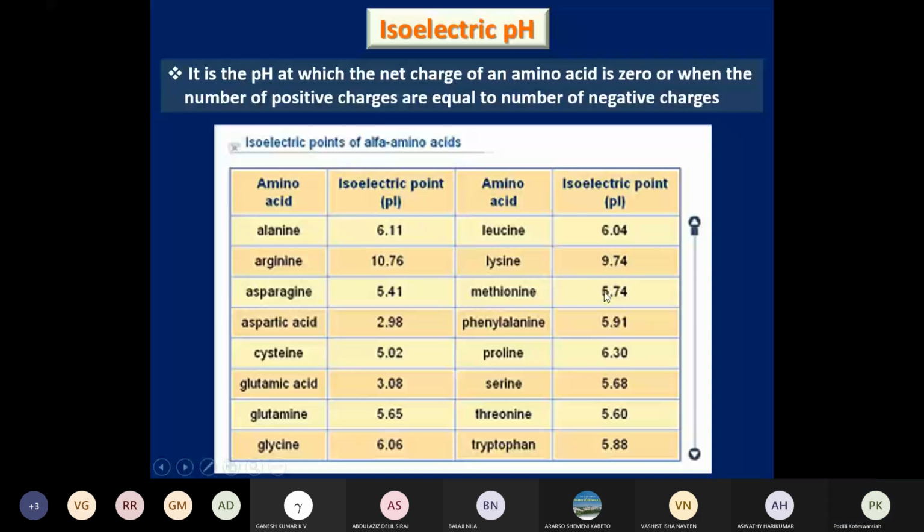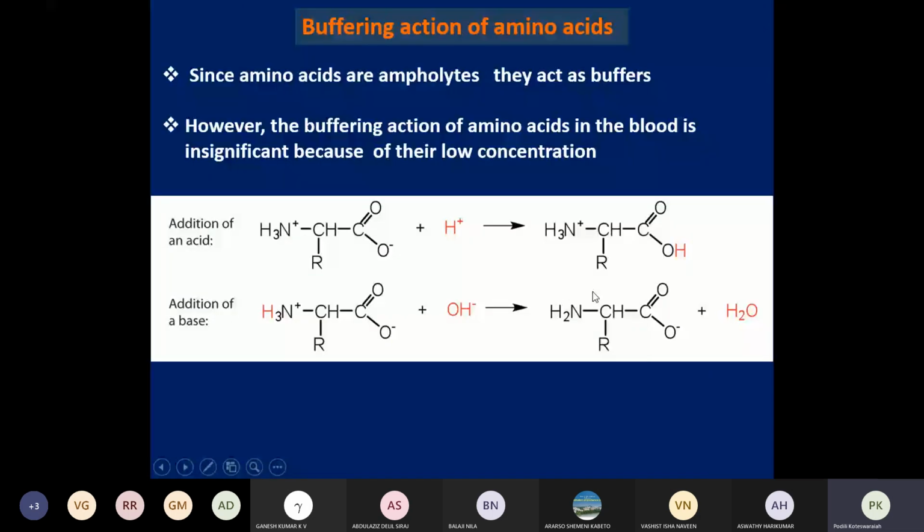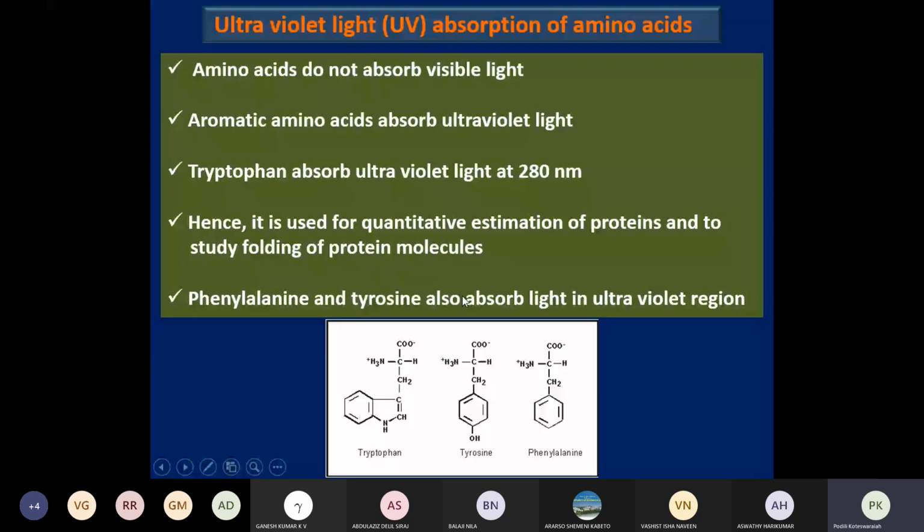And then coming to the buffering action of amino acids. Since the amino acids are ampholytes, as I said, they can release the proton, and they can also abstract the proton. So depending upon the condition, they act as buffers.